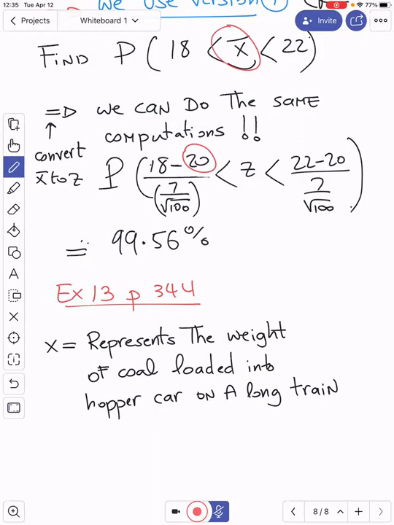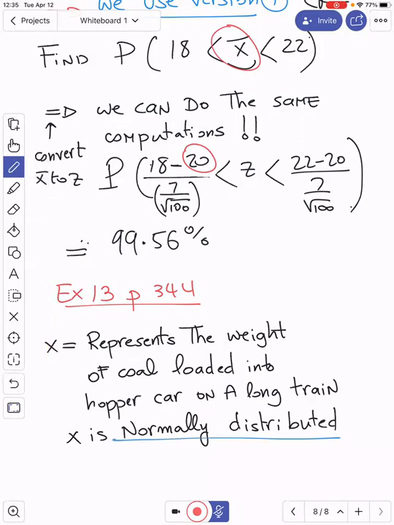So we have this hypothesis that X follows a normal distribution.